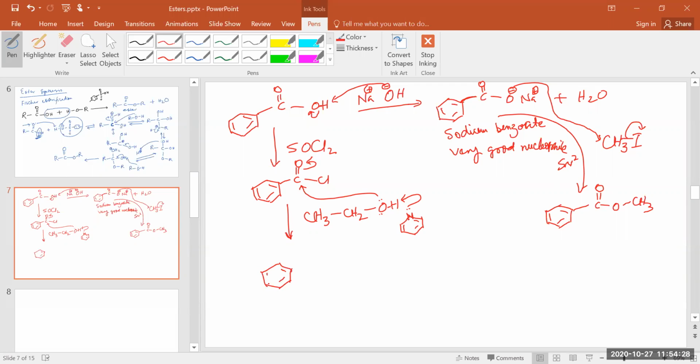The intermediate will be O minus, Cl, OCH2CH3. Here the carbon is sp3 hybridized, and the chlorine is a very good leaving group. Chlorine leaves, and you get an ester.